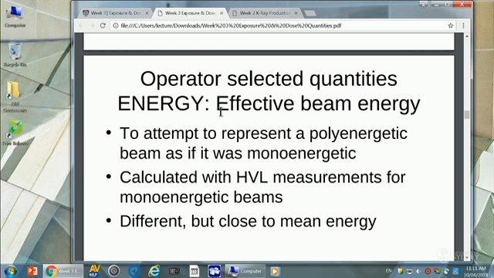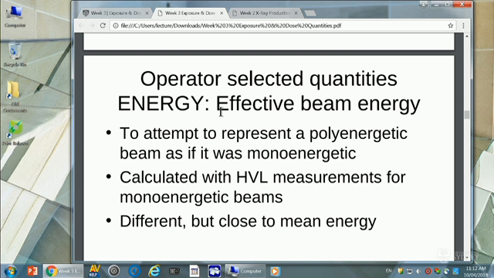But anyway, one question that came up at half time is very much related to this. I keep talking about the average energy. I've said many, many times that kVp is a very poor indicator of the energy, and something like the average X-ray beam energy would be more useful.